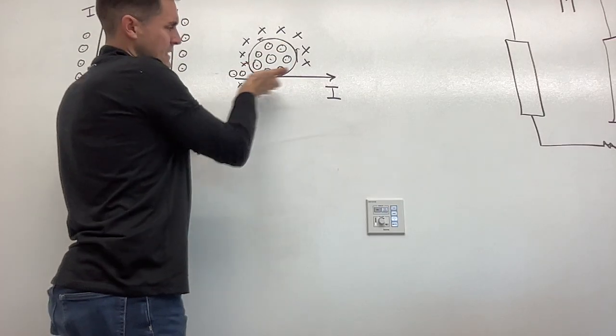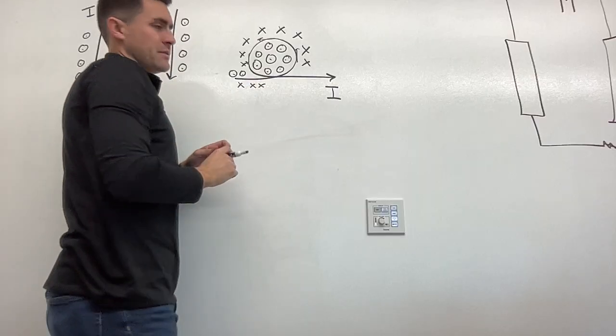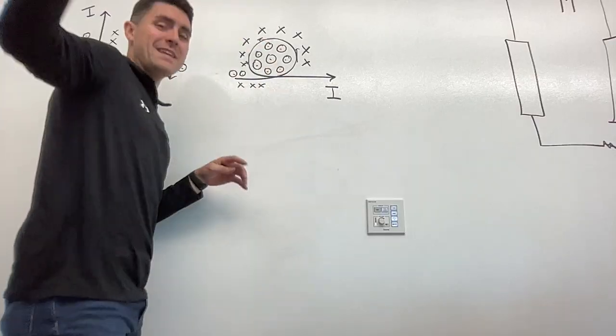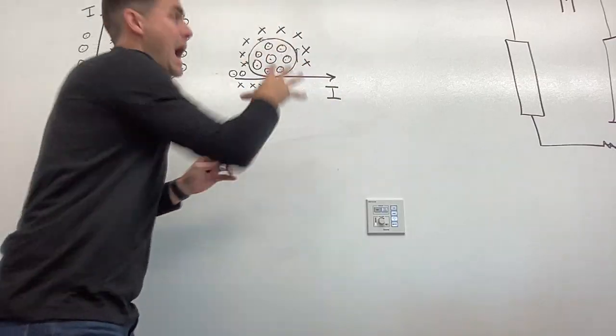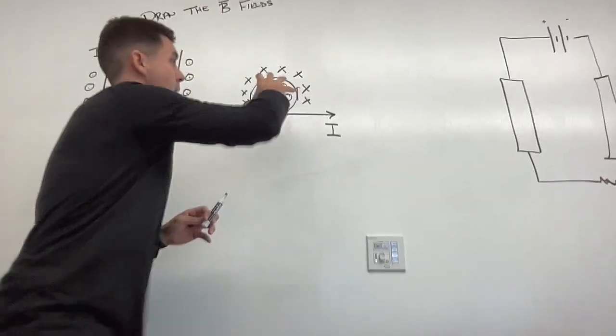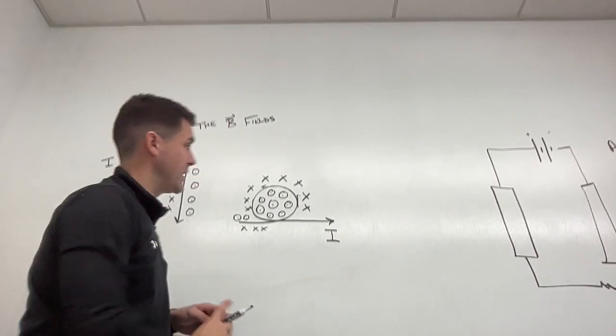Then as I exit, I would see a different thing. But inside that loop of wire, I am getting a magnetic field that flows out of the page at you.